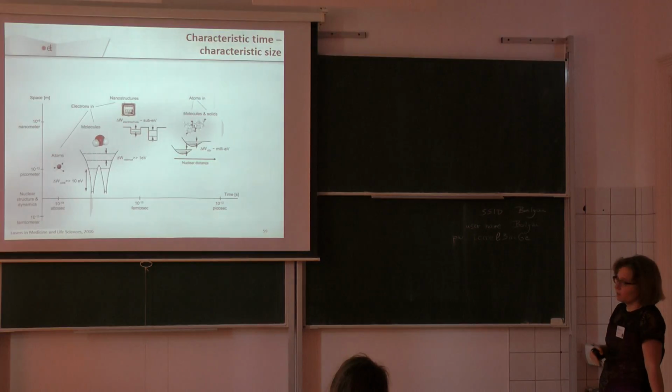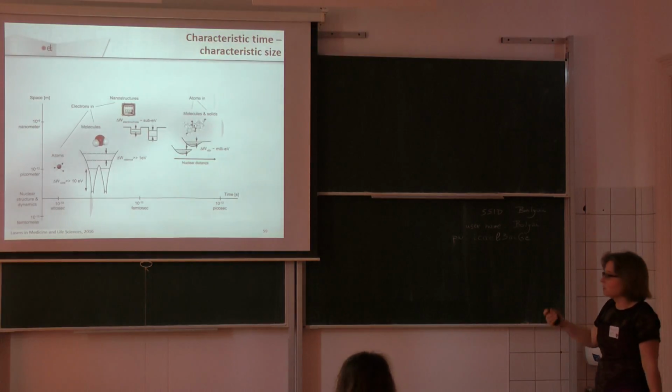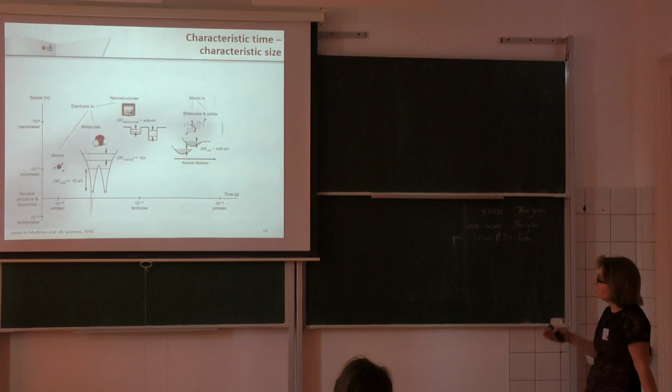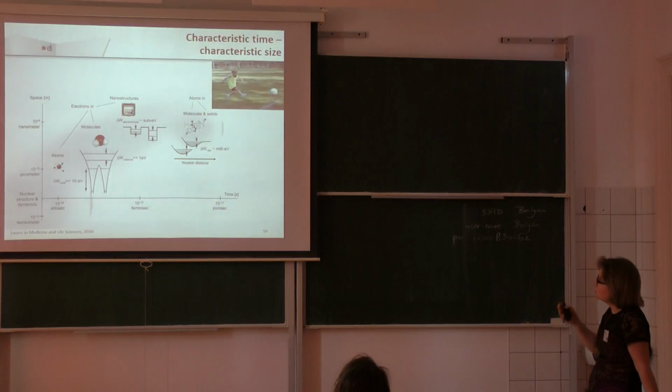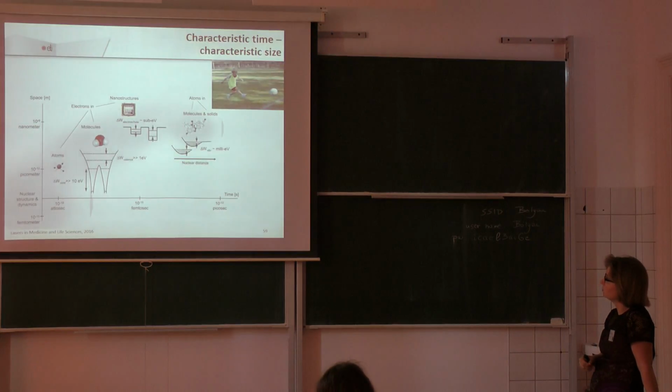I think it's not coming as a real surprise, but it's nice to put it into words: the smaller the element that you want to probe, the faster it can move. Just to give you an example, the smaller the object, the faster it can move, so the shorter the light flash burst that you need to employ.